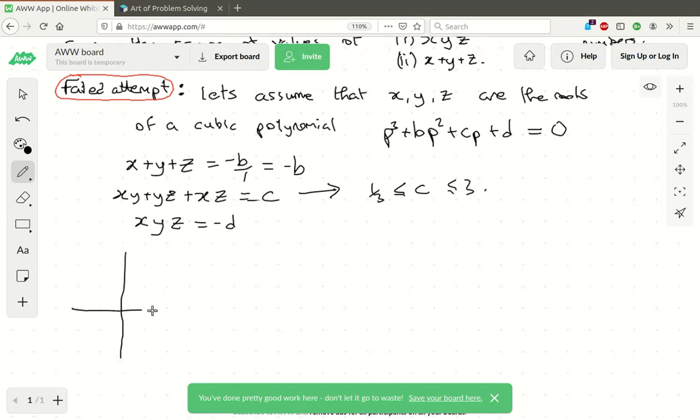basically for cubics, there's three possibilities. You could have two turning points, one of which is above the x-axis, so positive, and one of which is below the x-axis, and I'm talking about the turning points here. Provided you've got two turning points, one above and one below the x-axis, then you've definitely got three real roots.